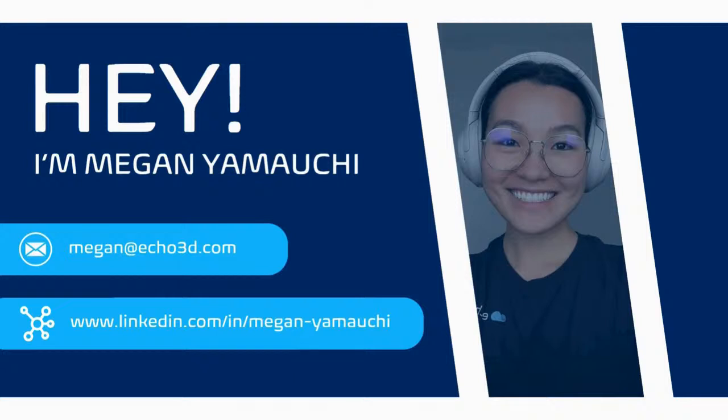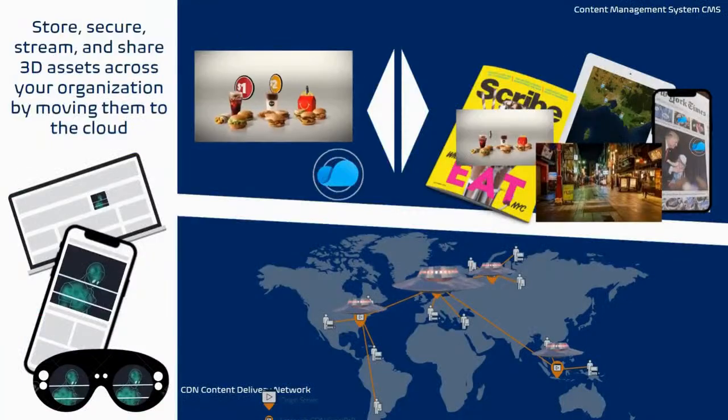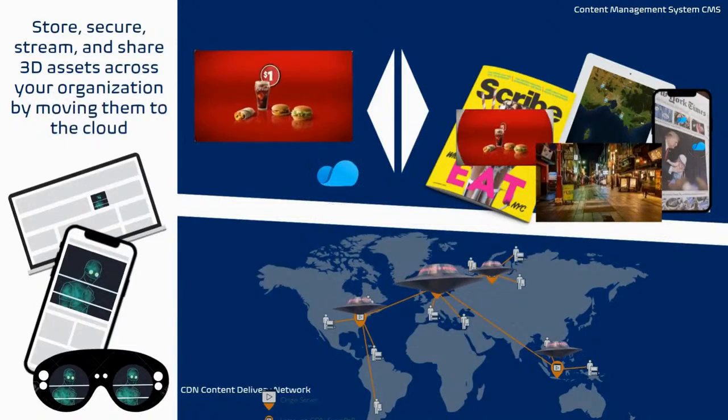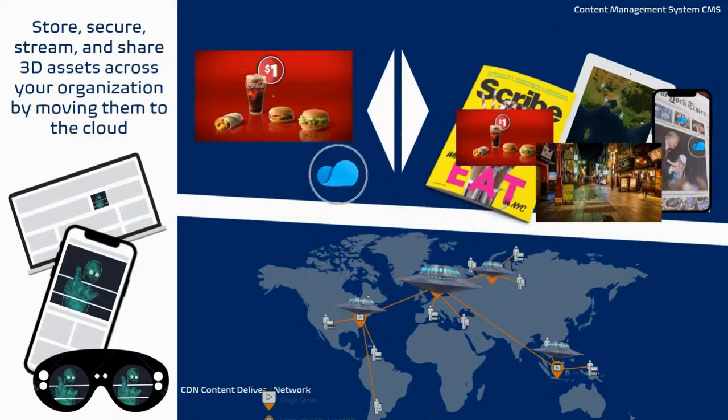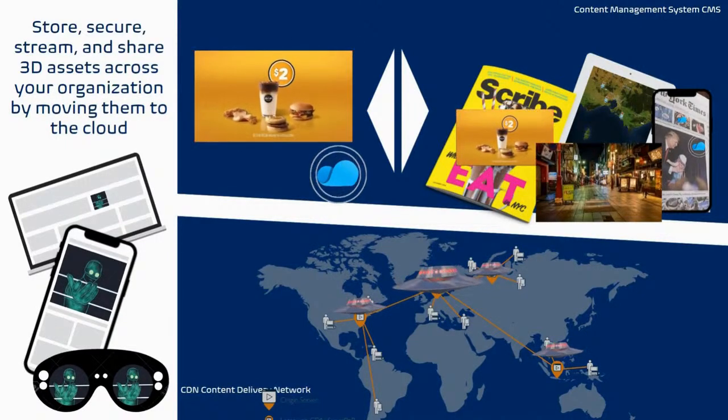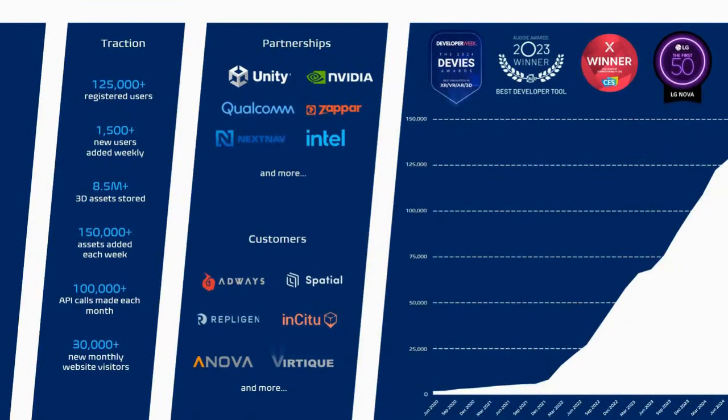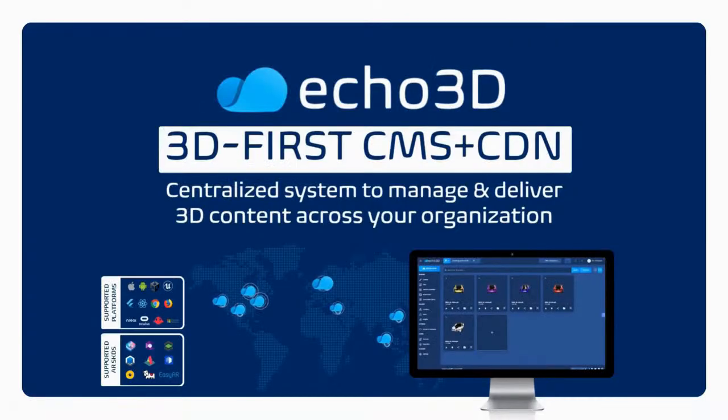Jumping right into it, what is echo3D? echo3D is a 3D asset management platform for companies to store, secure, and share 3D content in real time across your organization. We help over 100,000 users take control over your 3D content by offering a 3D first content management system and delivery network, compression and conversion tools, collaboration functionality, access permission, versioning and reporting, and a library of over 800,000 free 3D models.